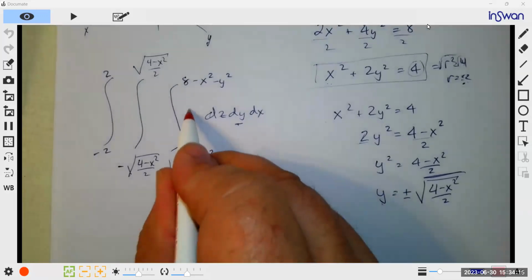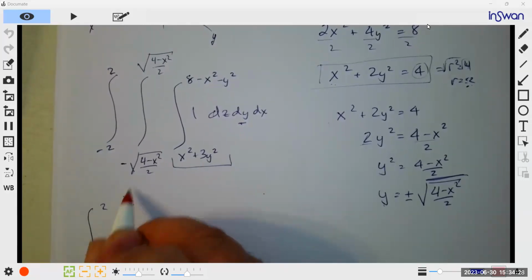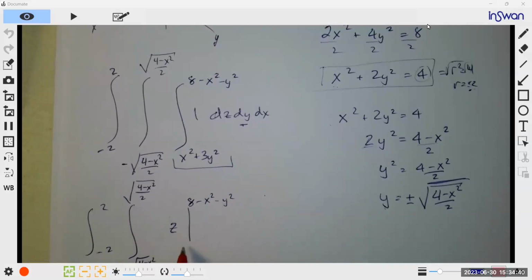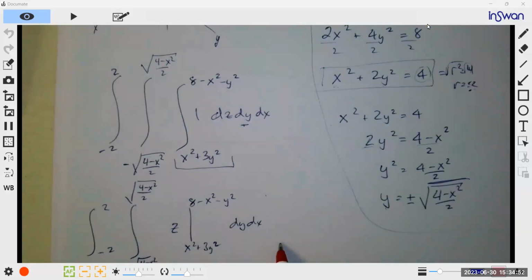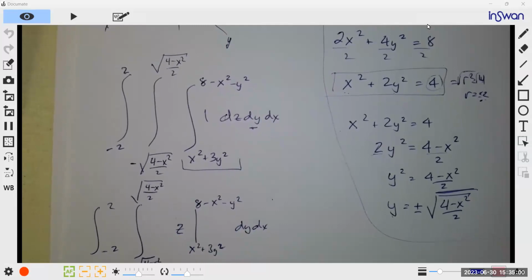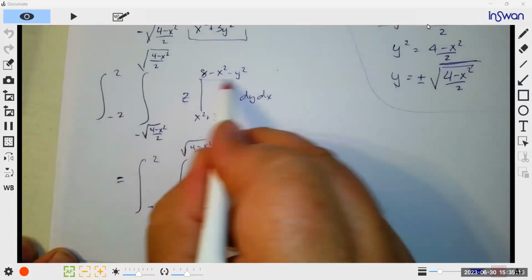We first take it with respect to z. So this is z, and it's from 8 minus x squared minus y squared to x squared plus 3y squared, dy dx. So this one's going to be this minus this.